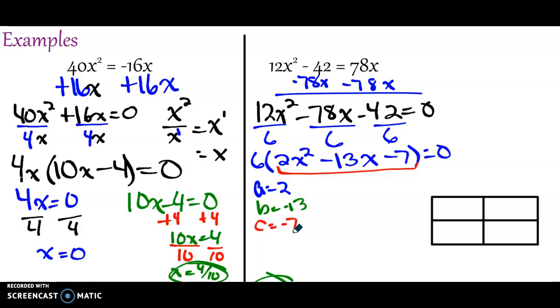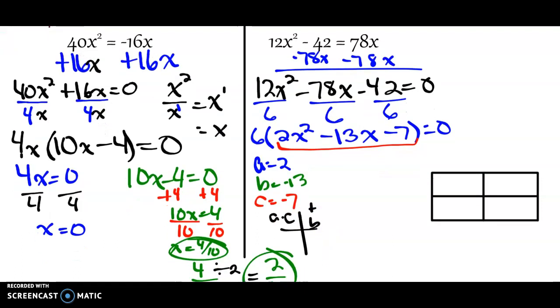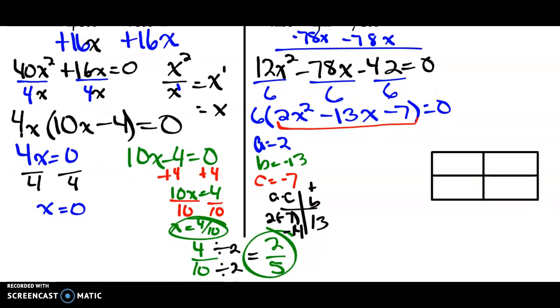So we multiply 2 and negative 7. So we make our chart: multiply A times C, whose sum is B. So A is 2, C is negative 7, that equals negative 14. The sum must be B, negative 13.